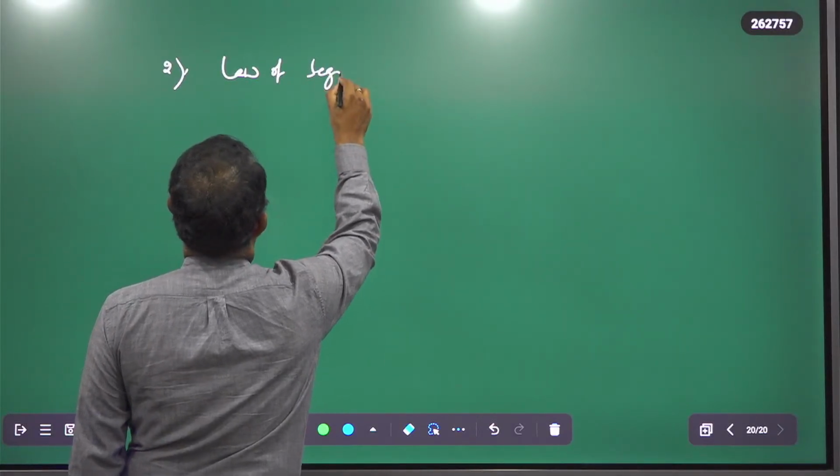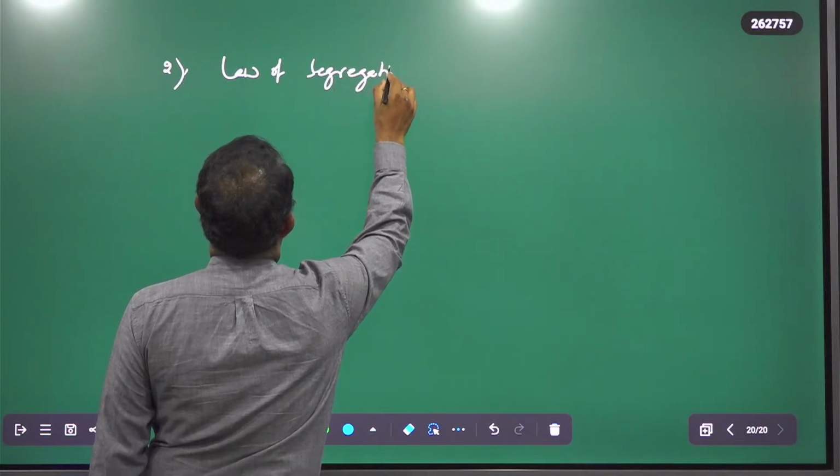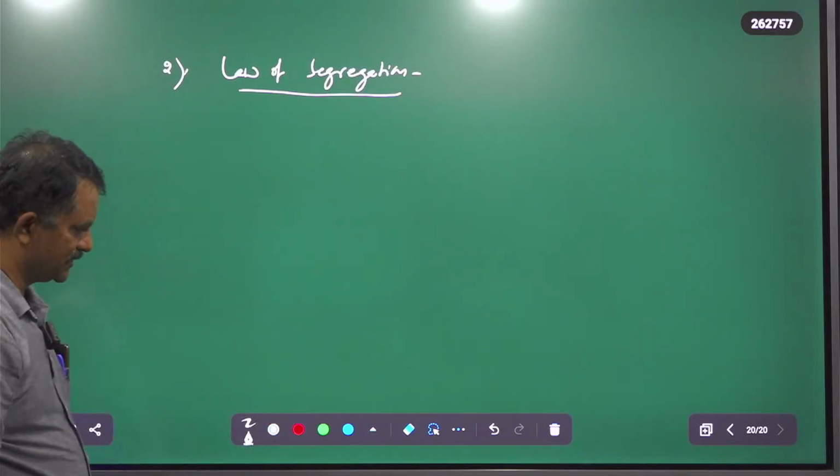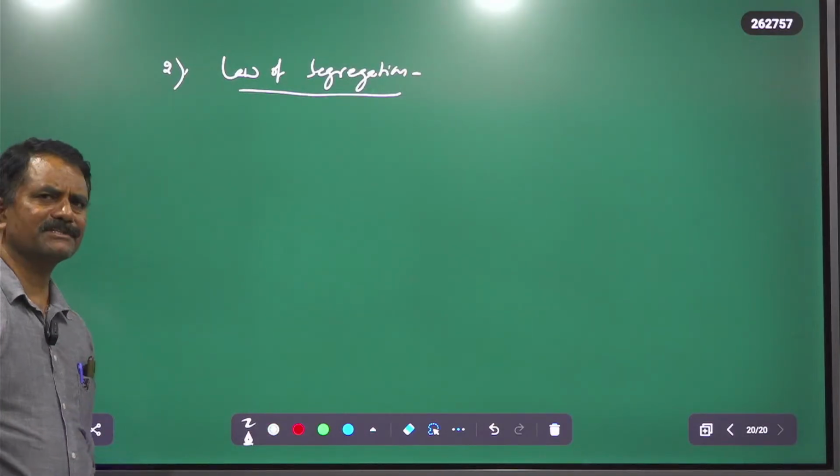Law of segregation. Segregation means separation.